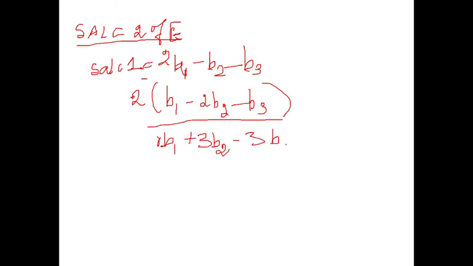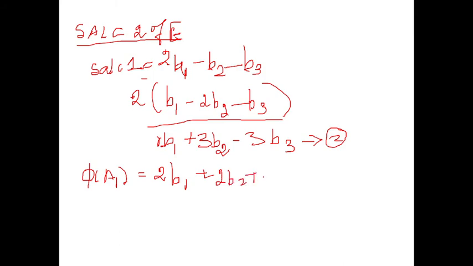So this is the SALC 2 of E symmetry. So we have totally found how many SALCs? 3 SALCs. The first one is the A1 SALC, which has the form 2b1 plus 2b2 plus 2b3, right?